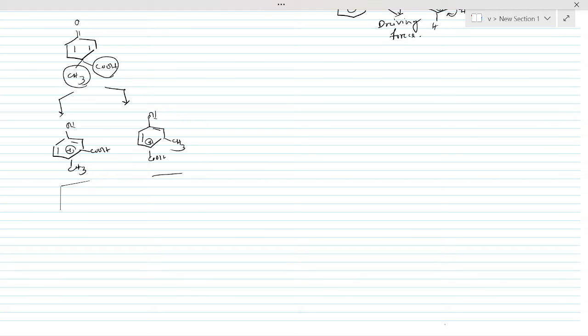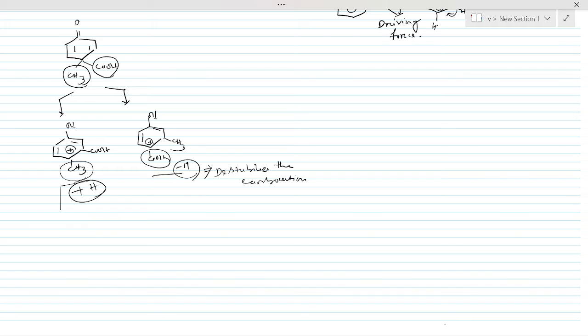See, the carbocation formed here is stabilized by the methyl group by its hyperconjugation effect, whereas the carboxylic acid group has a minus M effect, that is negative mesomeric effect, and that minus M effect destabilizes the carbocation. So any group that stabilizes the carbocation will remain intact and the other group will migrate.